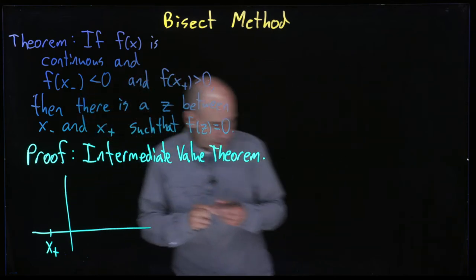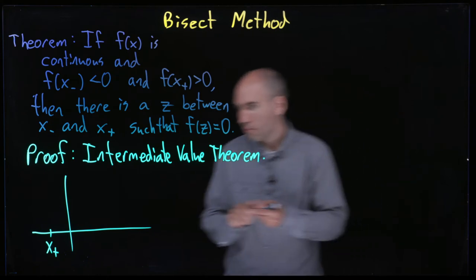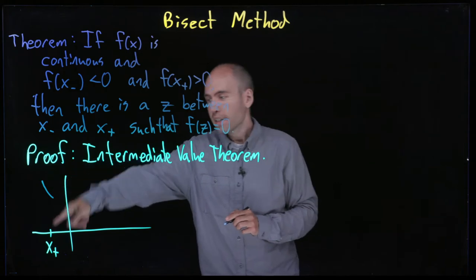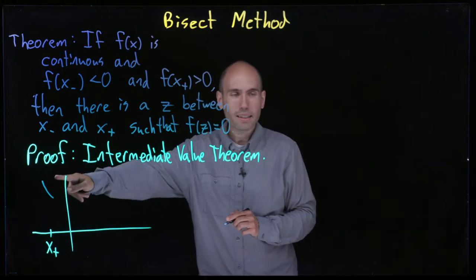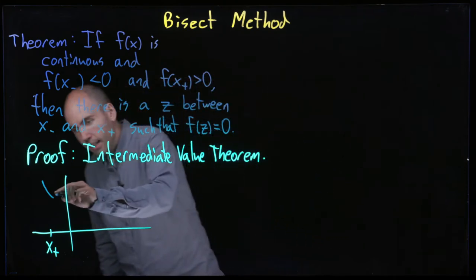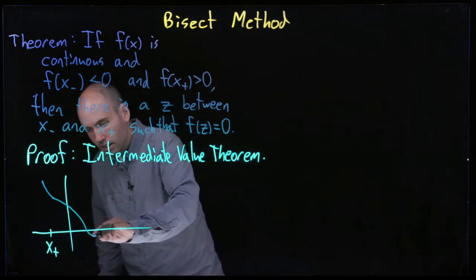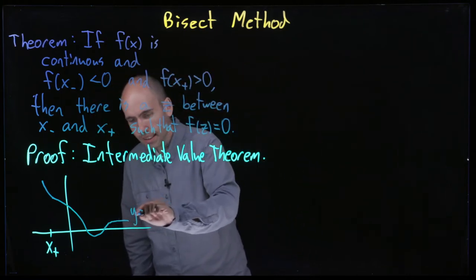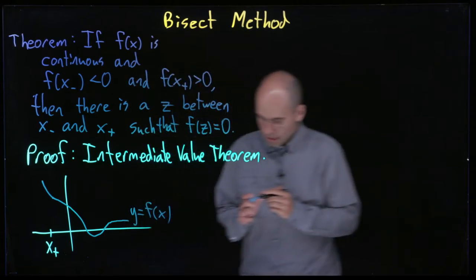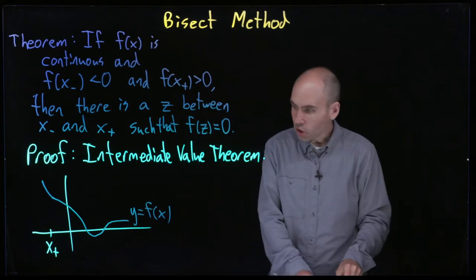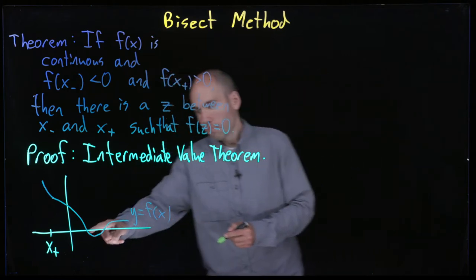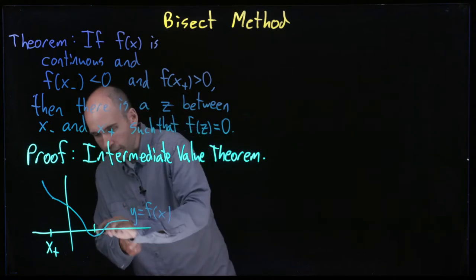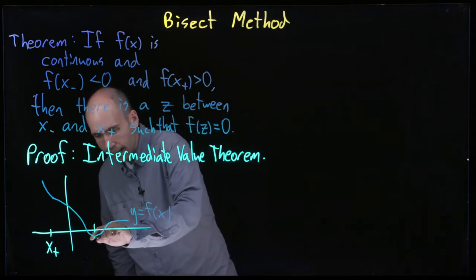So for example, if the graph of f of x is up here, then f of x positive is positive, which is what we want. Let's say it looks something like this, the graph y equals f of x. And then I don't have many choices for x negative. My only choices are somewhere here. So let's say here at this minimum value, we have an x negative.